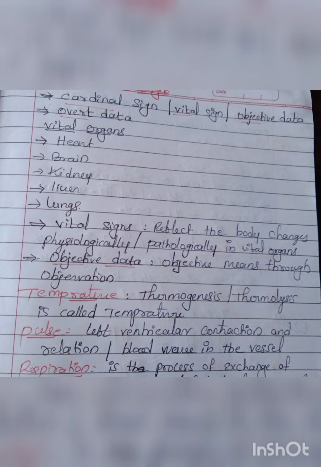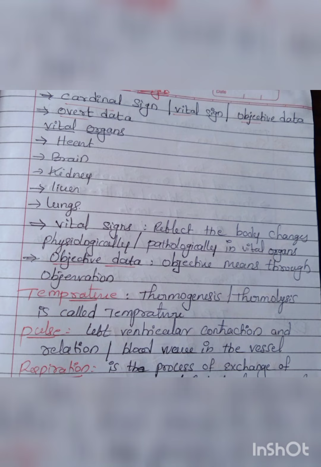What does it actually mean by physiological? Physiological means the normal changes, like normal functioning of the heart. And pathological means if any microorganism, virus or bacteria is involved, it may cause further organic changes. So what are the vital organs that may depict the vital signs?